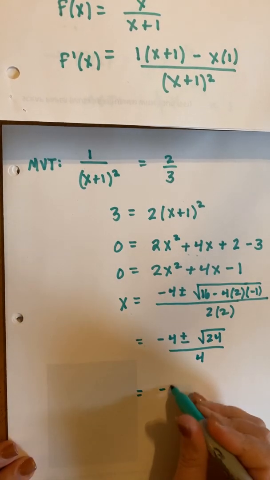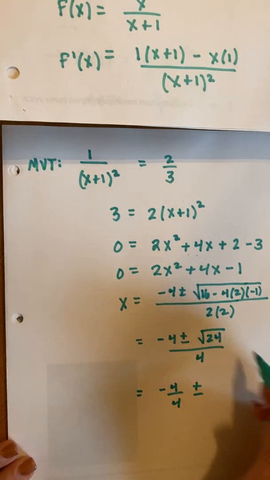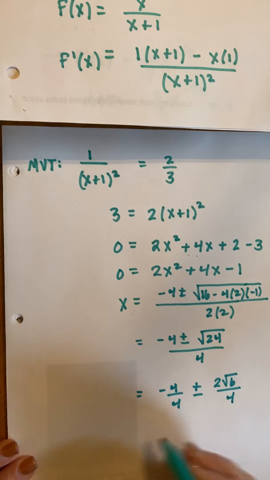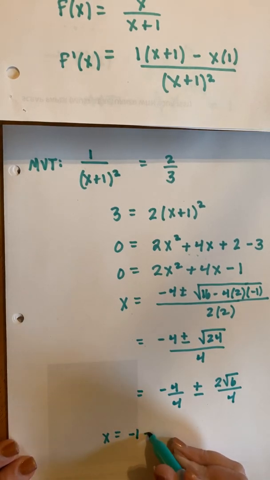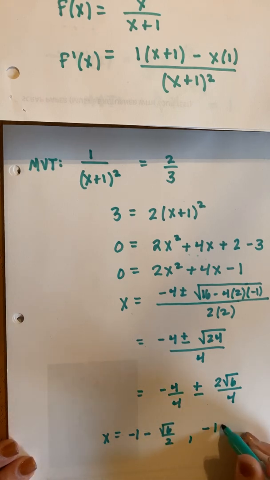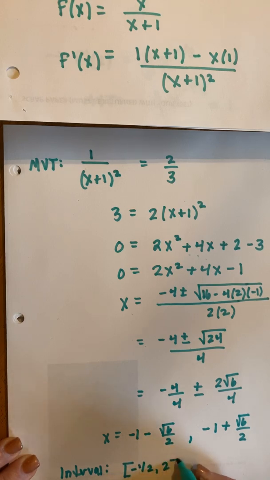We're going to use our properties of algebra. -4 over 4 plus or minus the square root of 24, which is 2 square root of 6, all over 4. So our two values are -1 minus the square root of 6 over 2 and -1 plus the square root of 6 over 2. Now remember, our interval, we're only concerned about from -1/2 to 2.